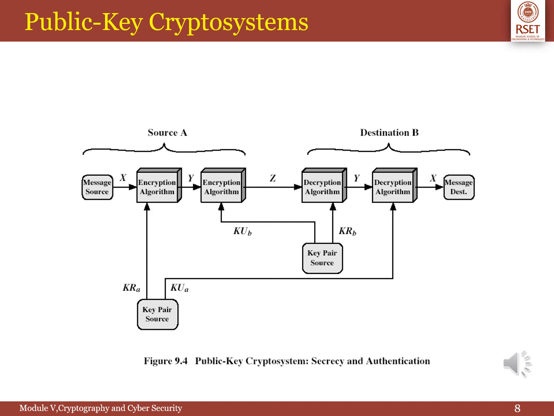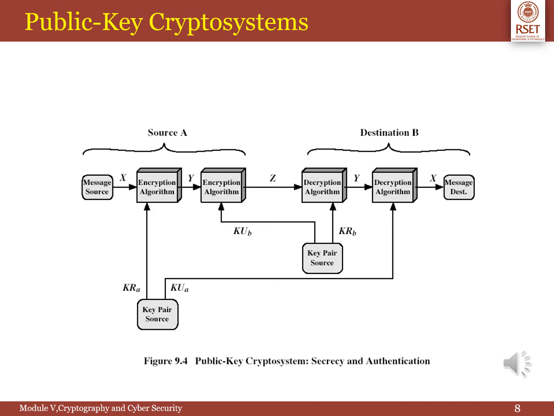So once you encrypt the message using the private key of A, it ensures the authenticity of the message. That is, the message is encrypted only by A.